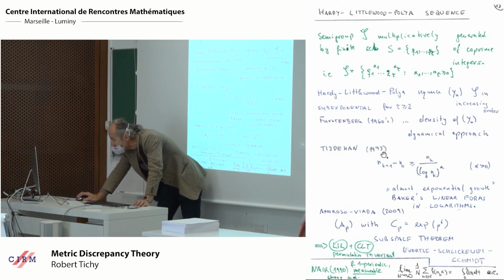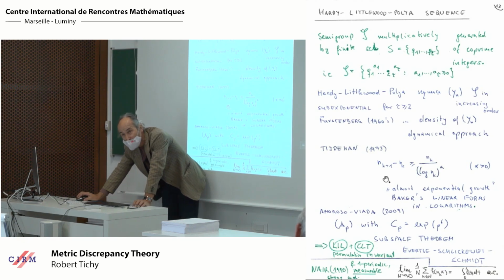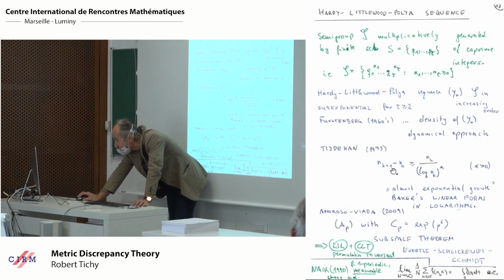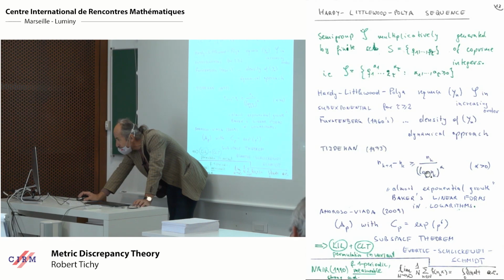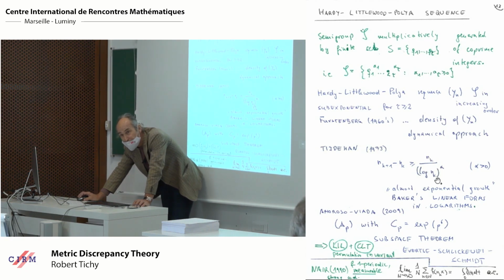Robert Tijdeman in the 70s, using Baker's linear forms in logarithms, proved the lower bound. And this shows, of course, that it is almost exponentially growing. Then you see there you have in the denominator log n_k to the alpha. If this is cancelled, so if alpha is 0, then of course it's exponentially growing. And so this exponential growth is only disturbed by a logarithmic factor.